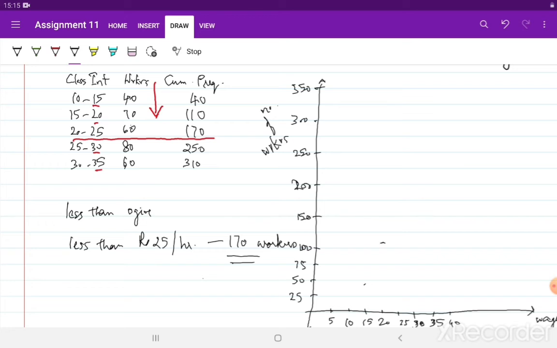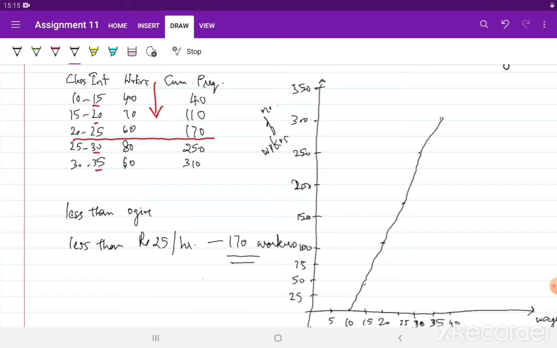Less than 25 is 170. So less than 30 is 250. Less than 35 is 310. Right, so join these points with a straight line.